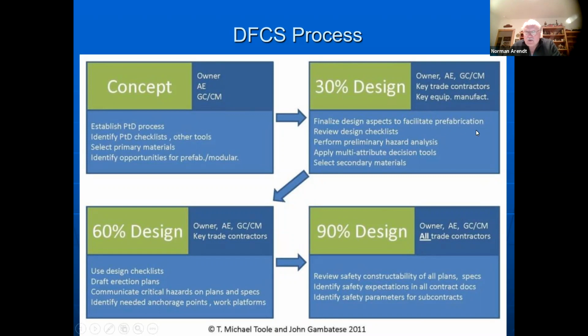Finalizing design aspects to facilitate prefabrication, review checklists, perform preliminary hazard analysis, apply multi-attribute decision tools, and then draft erection plans or construction plans, and then review safety constructability of all plans, specs, etc.